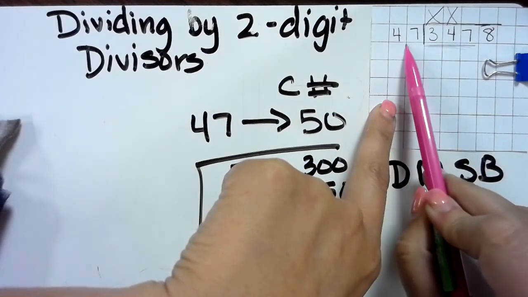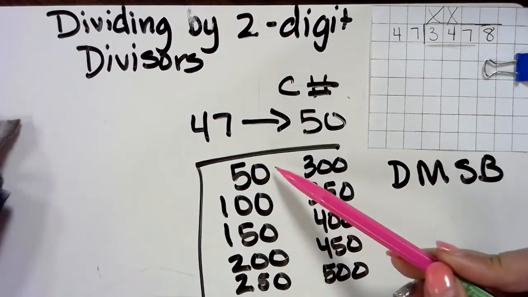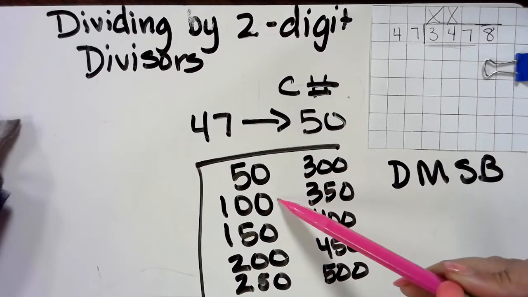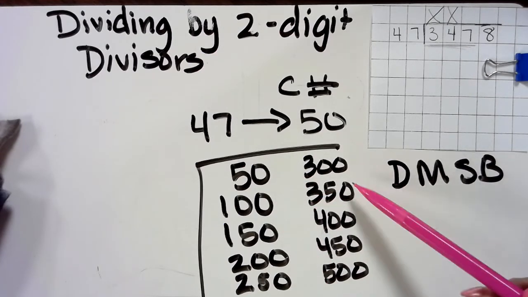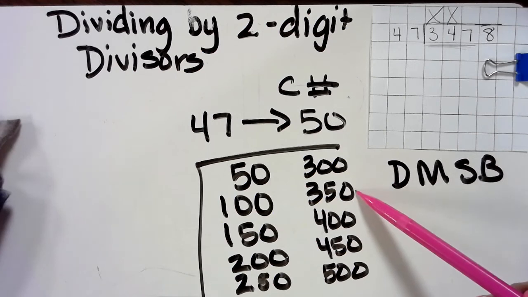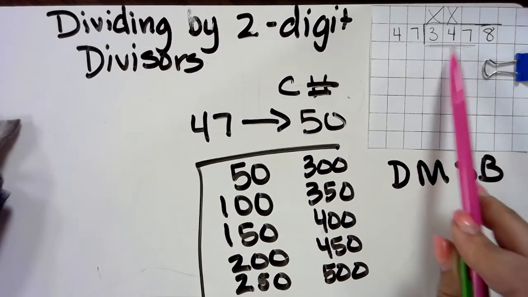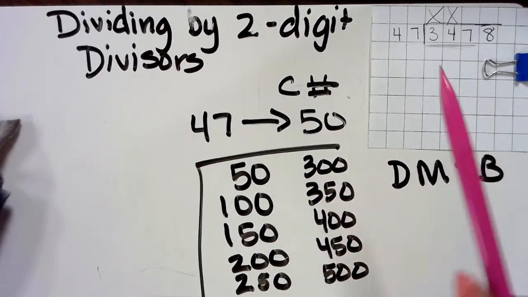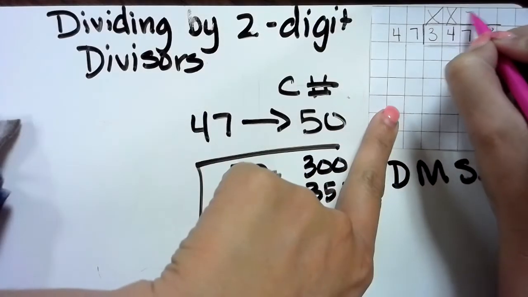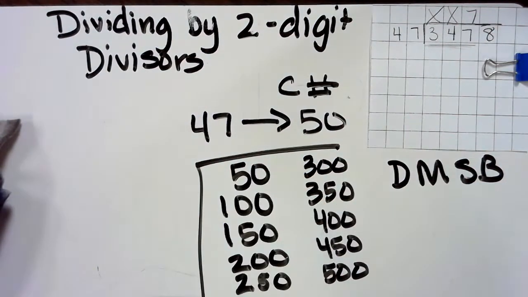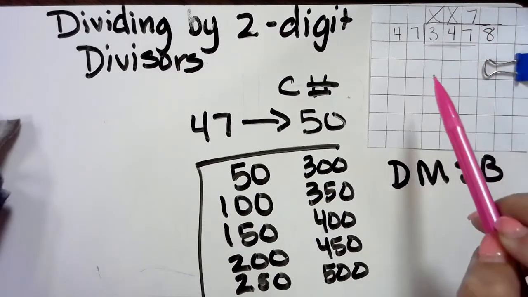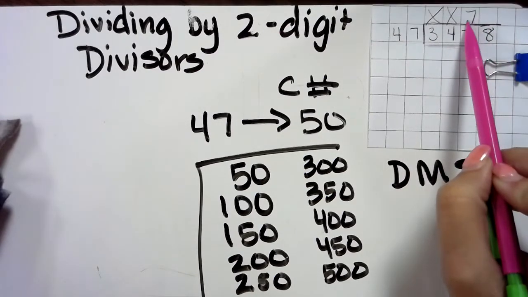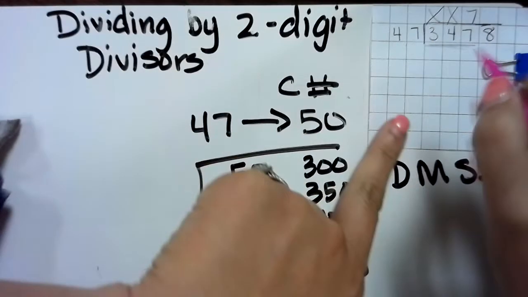Does 47 go into 347? Well, again, if this is 50, I go 50, 100, so that's 2, 3, 4, 5, 6, 7 of them will get me 350. That's a little bit over this number, but we rounded up. So let's try 7. It gives me a good starting number. So we know it's either 7 or 6. Well, I don't know what 47 times 7 is, but I do know that 7 times 7 is 49.